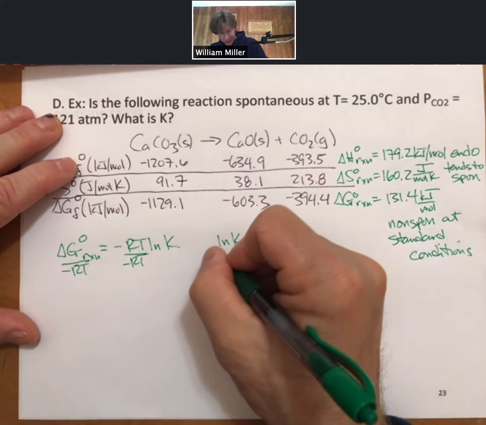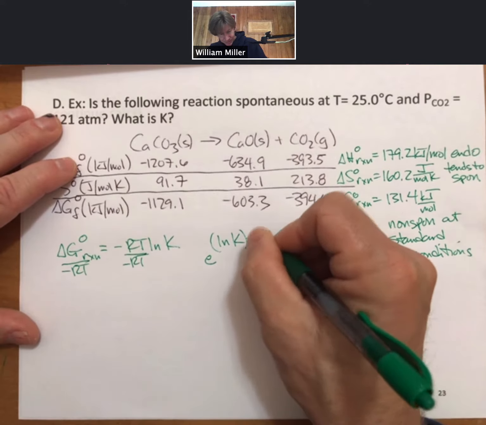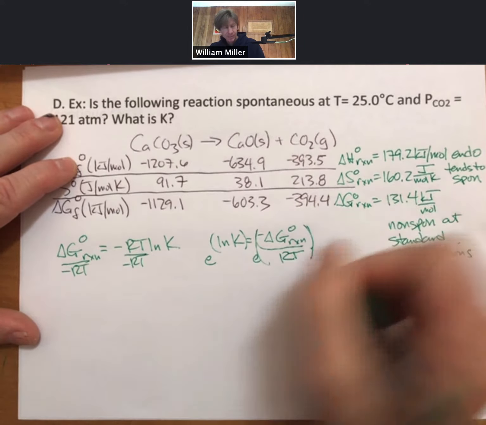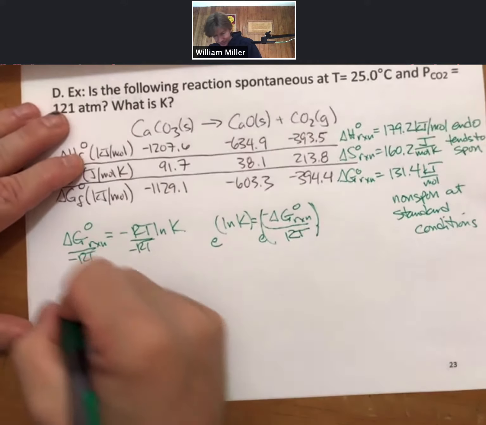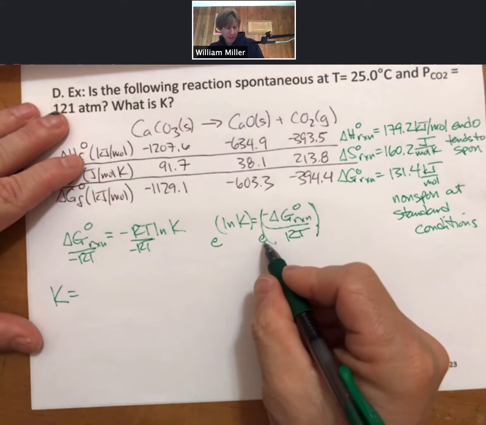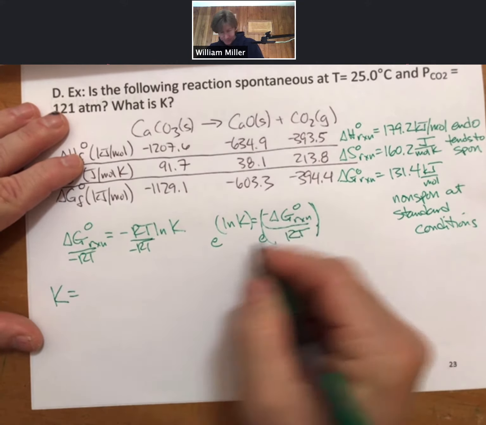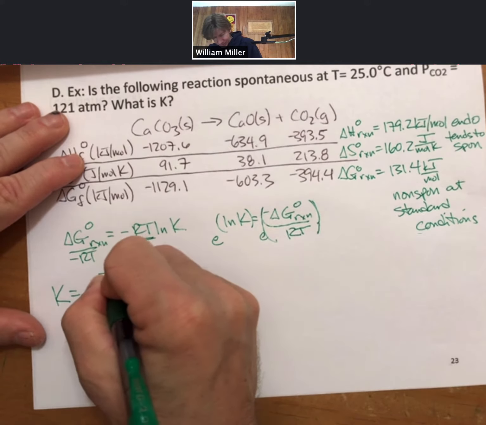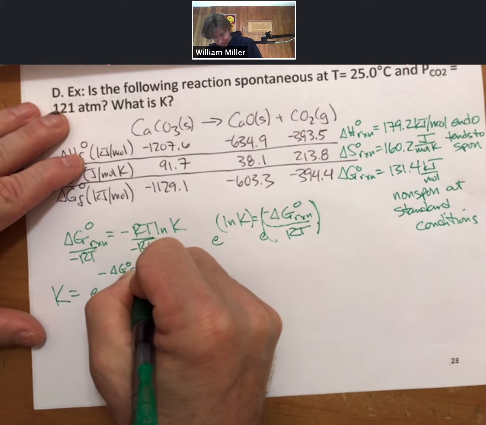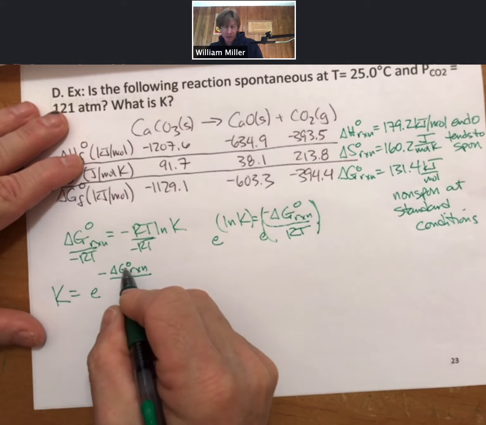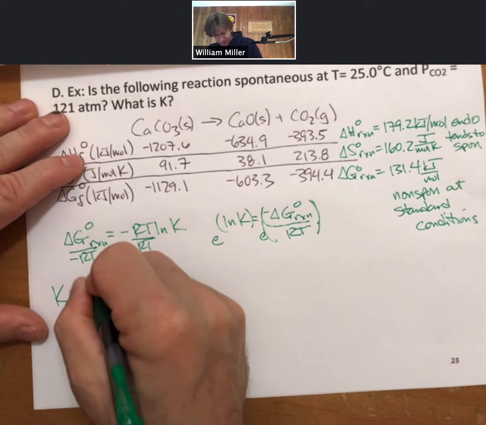We take the exponential of both sides, and we end up with K equals e to the minus delta G naught reaction over RT.